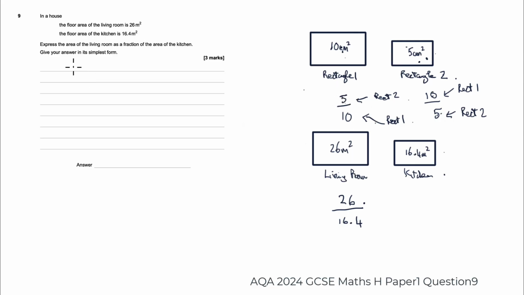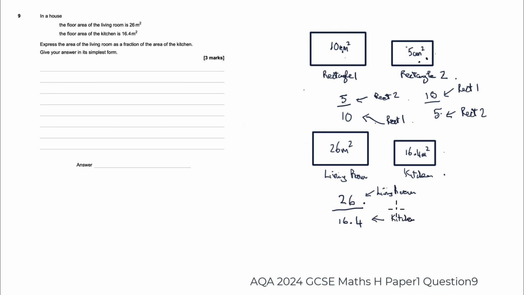You look very carefully at the order that they're telling you to use these. So it's the area of the living room compared to the area of the kitchen. Living room on top and kitchen on the bottom.